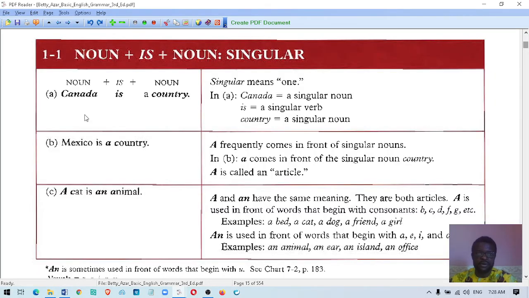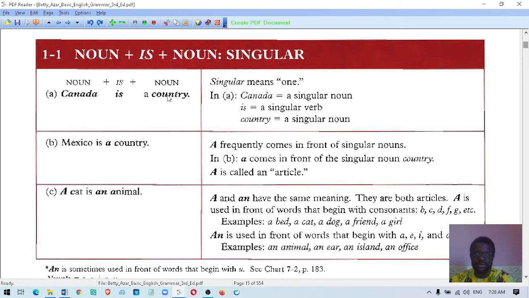First of all, I want to bring you over to here. I was telling you about noun plus is plus noun, when it is singular. So is a singular verb, okay? And when we're using a singular verb, then we have to use a singular noun, both ways. So here we've got Canada. Canada is a country, just like Cambodia, like Thailand, like Vietnam.